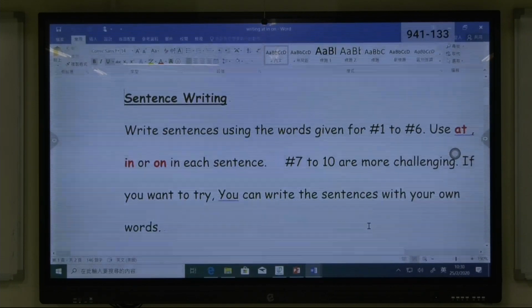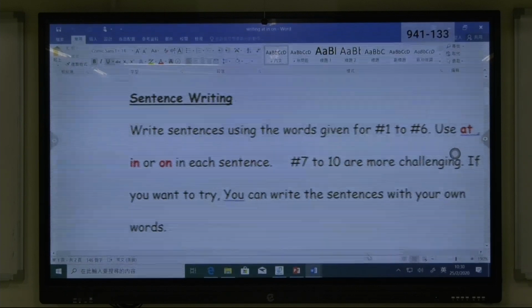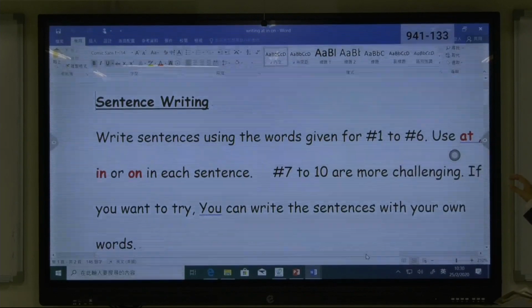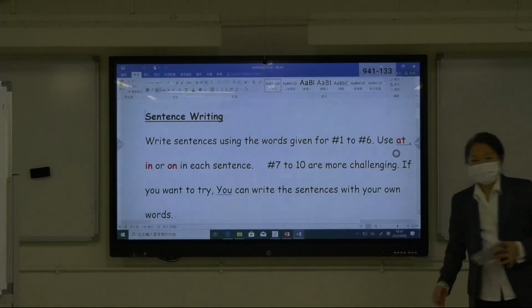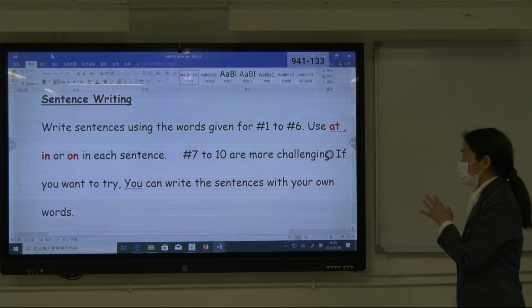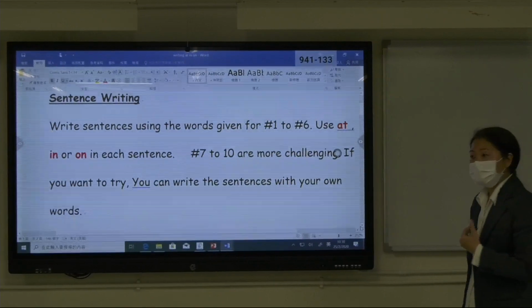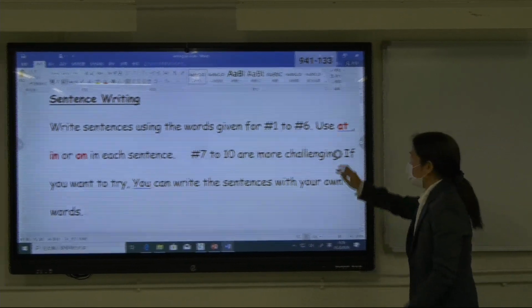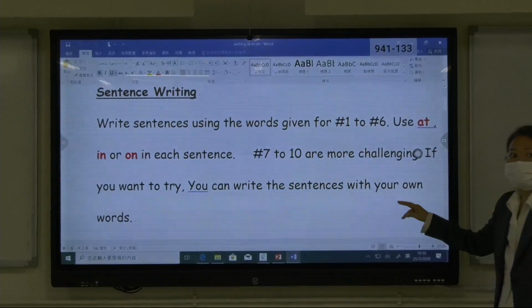In this unit, you are going to write sentences using at, in, on, the prepositions of time. Practice makes perfect. If you can write correct sentences, it means you really know how to use them. And this is the exercise in your Google Classroom.